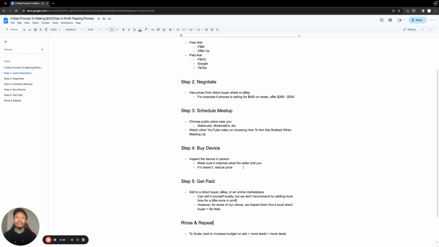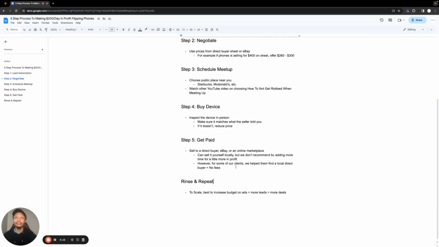I'll probably release a video within the next few weeks on how to inspect the device, but mainly, you want to check to make sure there are no issues. You want to check the cameras, the battery, just a whole slew of different items before purchasing the device.